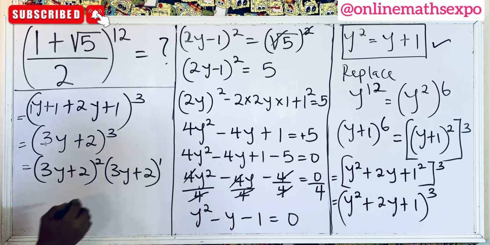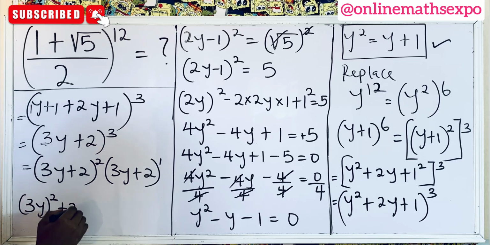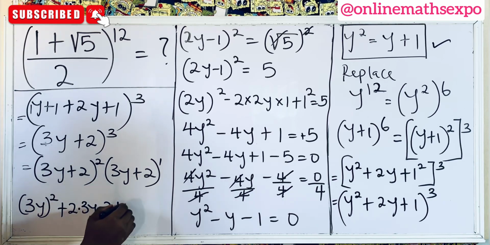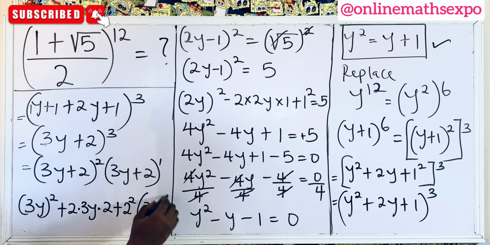So we're going to have (3y) squared plus 2 multiplied by 3y and also by 2, then you raise 2 to the power of 2, into (3y plus 2).